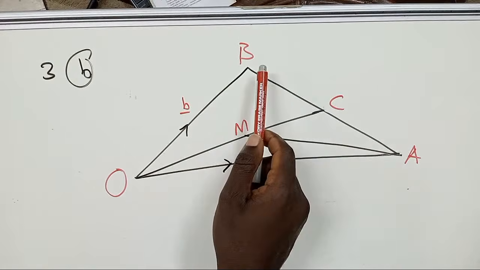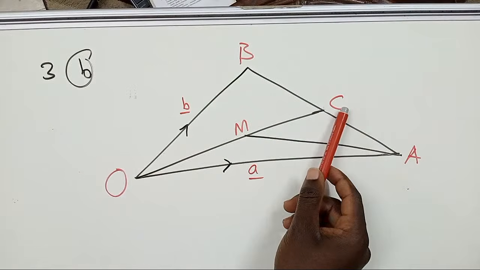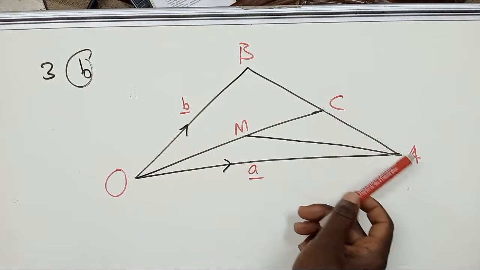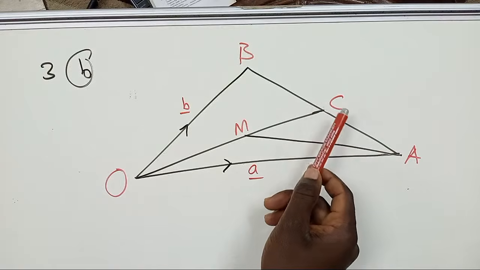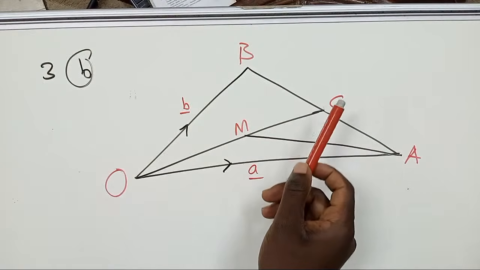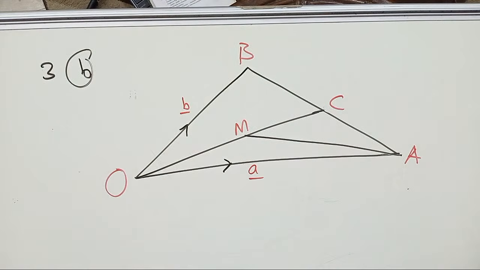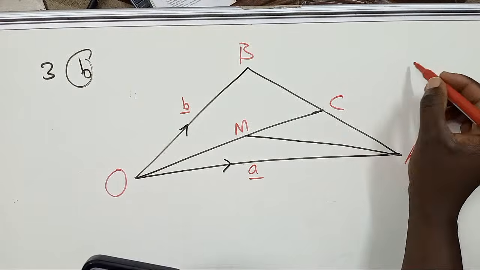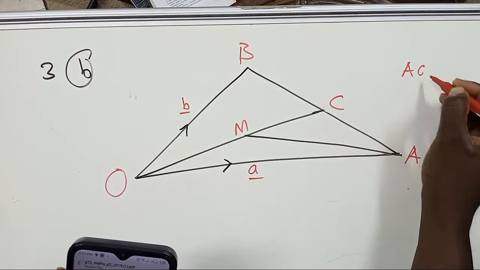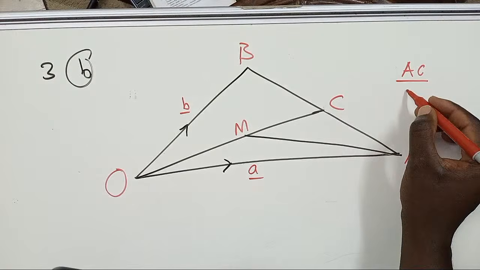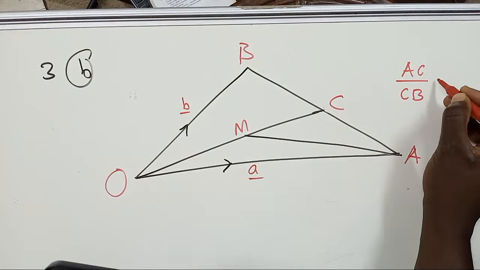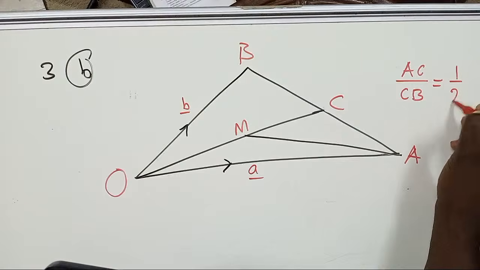And AC to CB is equal to 1 to 2. So there is a ratio which looks like this. AC, I'm writing this because it's very important. AC to CB is equal to 1 to 2.